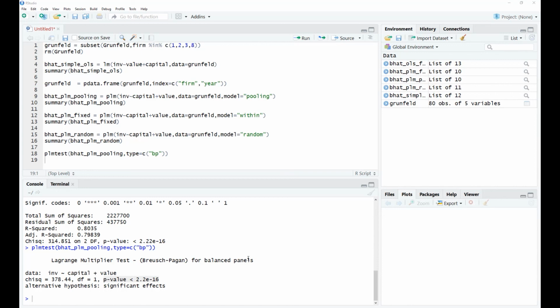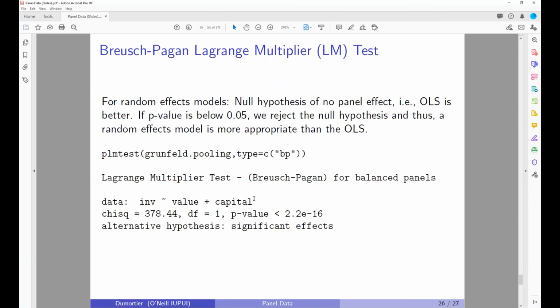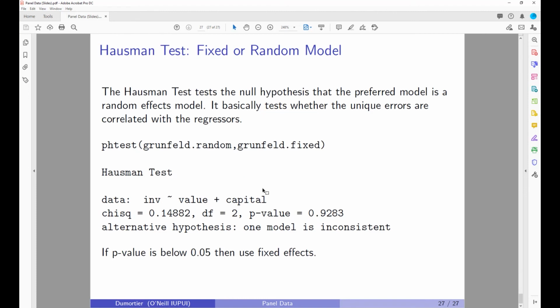Now, the last test that we have to do is to think about, should we be using a random effects model or a fixed effects model? And again, there is a test for this, which is called the Hausman test. And it tests the null hypothesis that the preferred model is a random effects model. Okay. And here what we do is we use the command phtest.